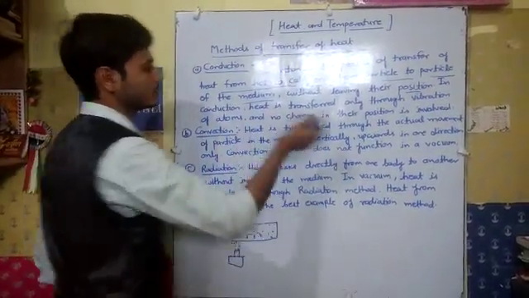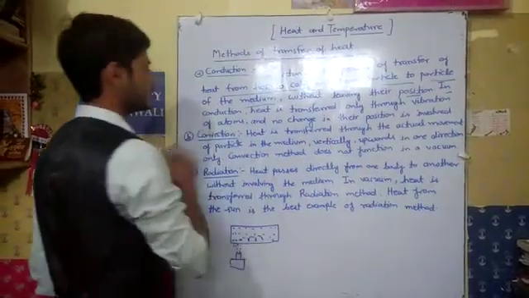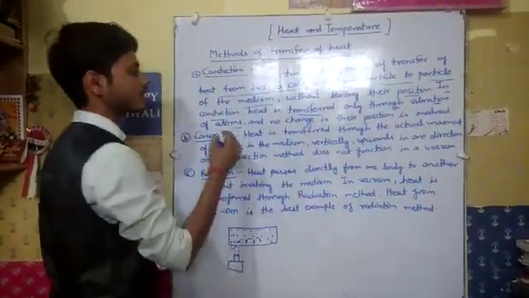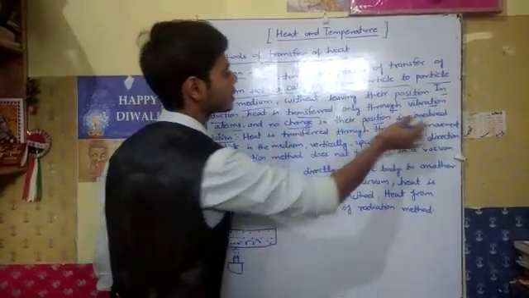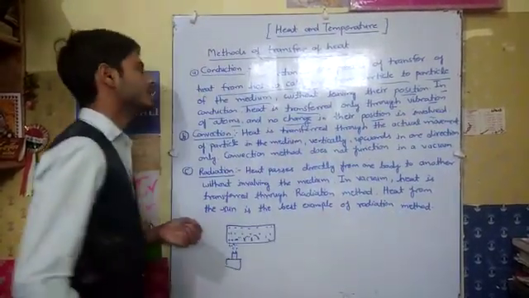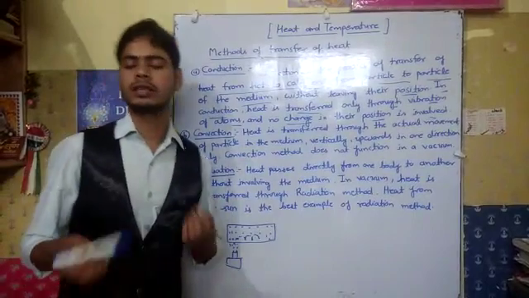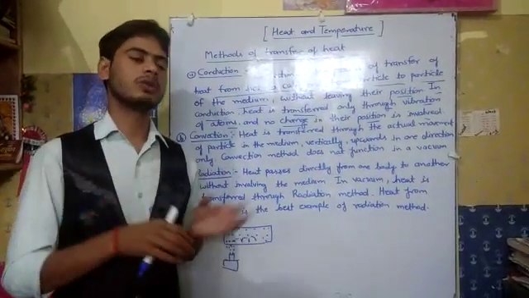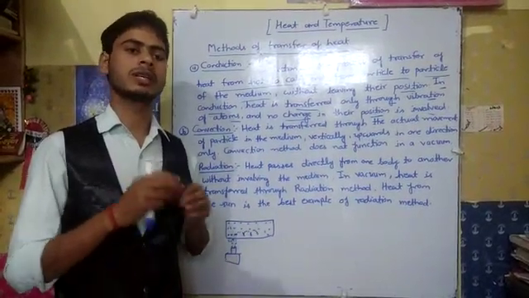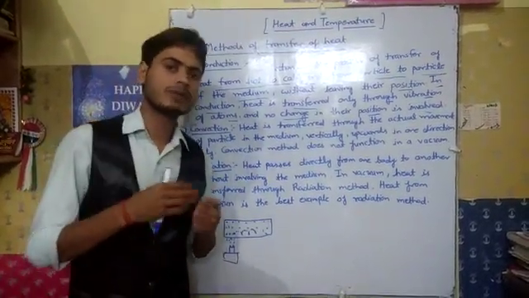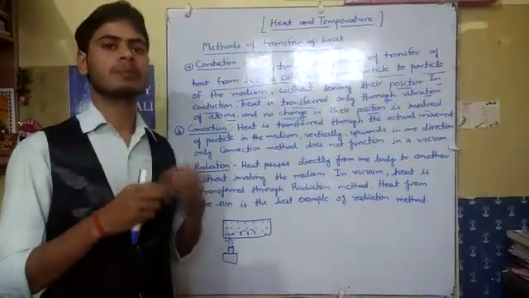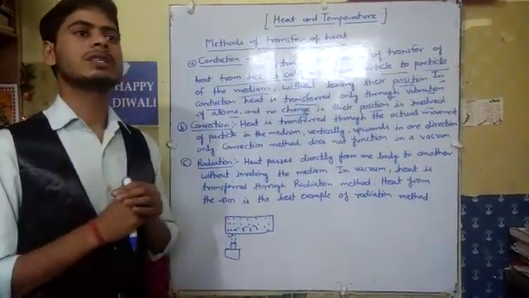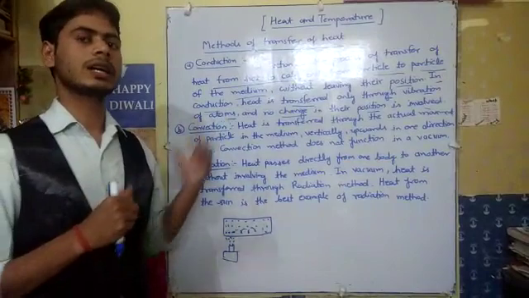In conduction, heat is transferred only through the vibration of the atoms, and no change in their position is involved. The atoms do not actually move from one place to another, but by vibration the heat is transferred from one place to another in an object, and a medium is required in the conduction process.